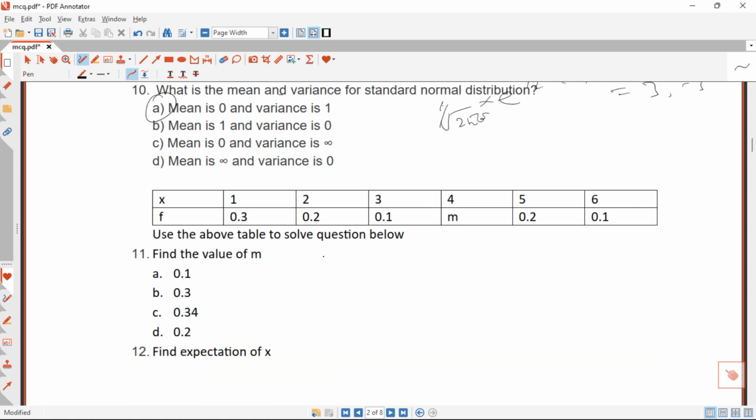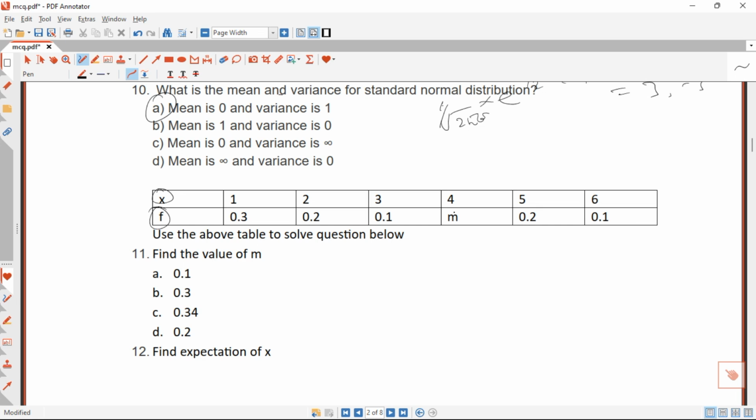We are at question 11, and we have been asked to find the value of m. You see, this is the table. We said use the above table to solve the questions above. Here is our x and here is our f. The f here is just the probabilities of the above random variables.